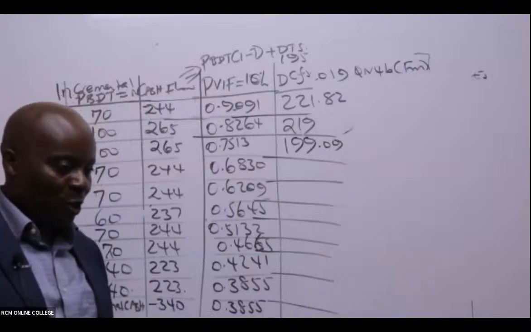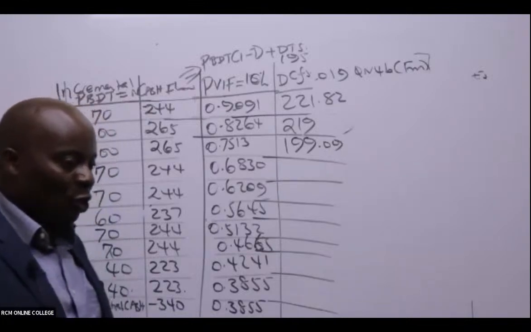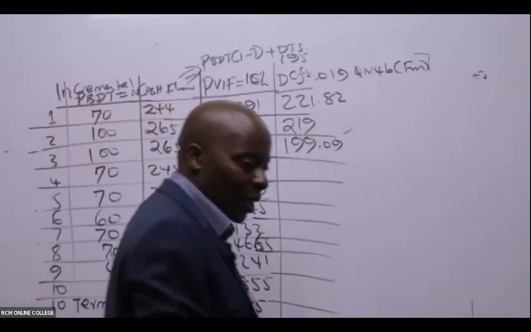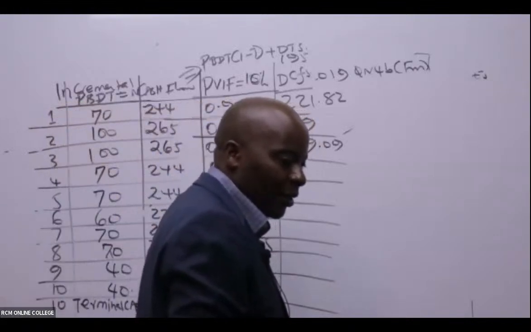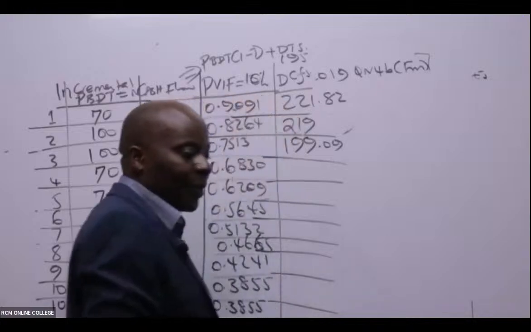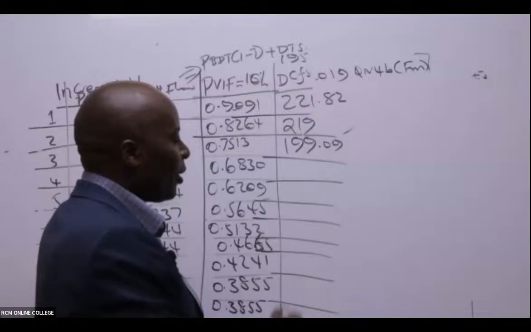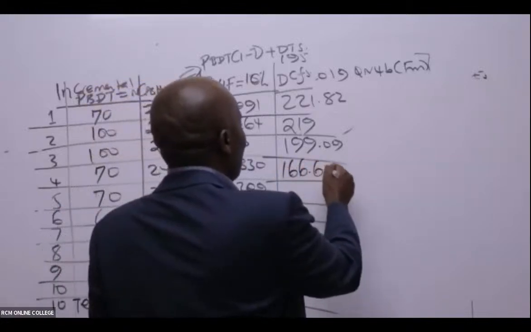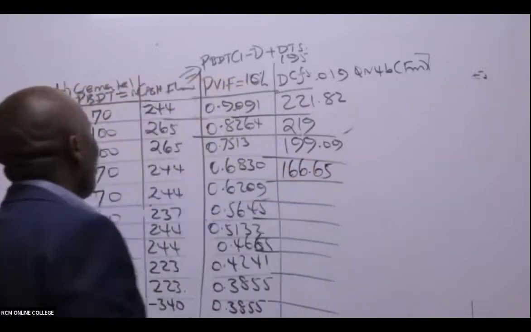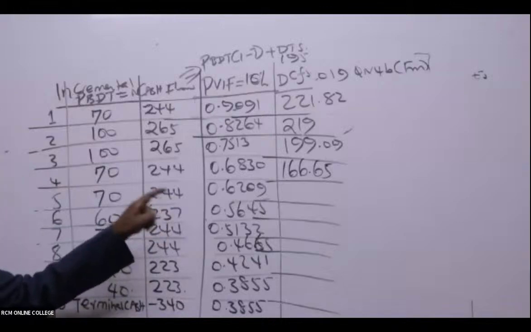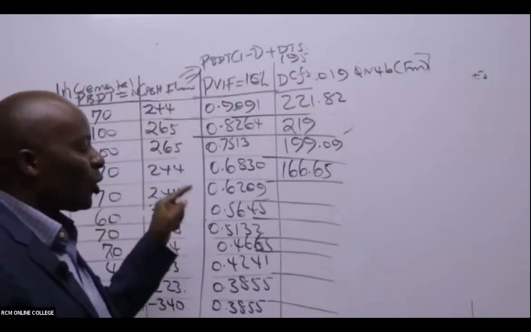Year number 4, what do we have? 166.65. I don't know. Then we go to year number 5. Now we are taking this 244 times 0.6209.